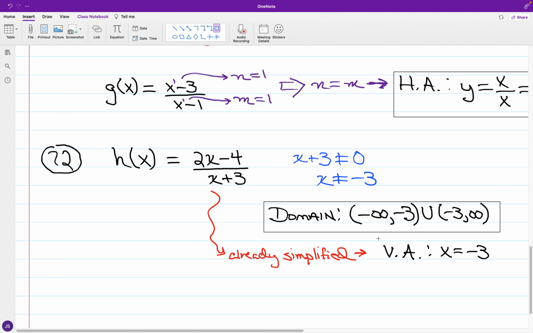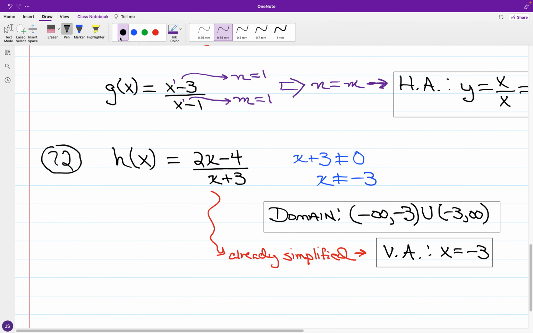And in finding any other asymptote, again, this comes down to the degree comparison between the numerator and the denominator. In the numerator we had the variable term 2x, and x is going to be first order.